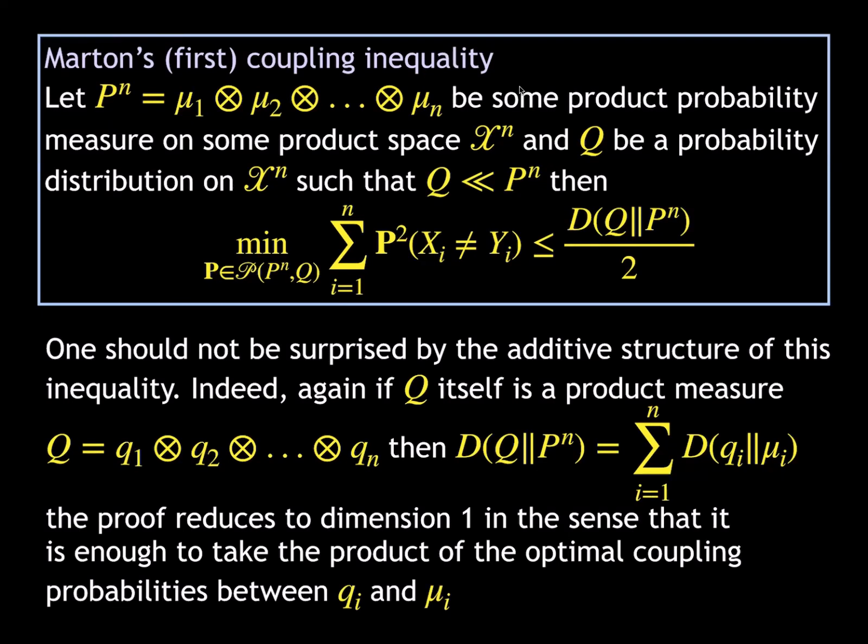And in this case, of course, the optimal coupling would be very easy to build. It would simply be built by sticking the marginals together in an optimal way, and then using Pinsker's inequality to conclude.